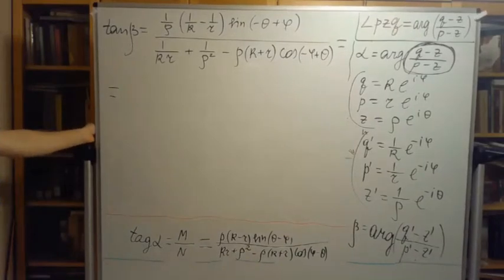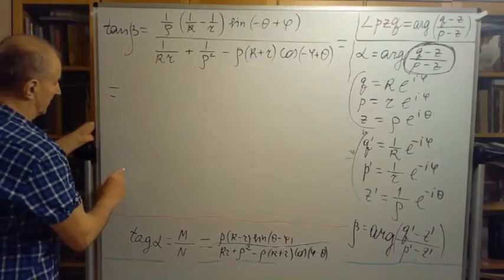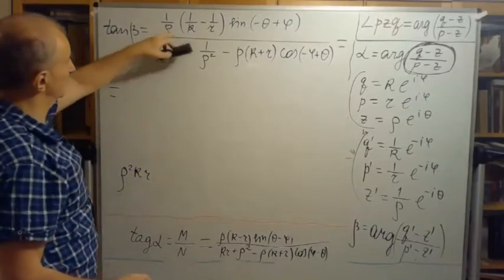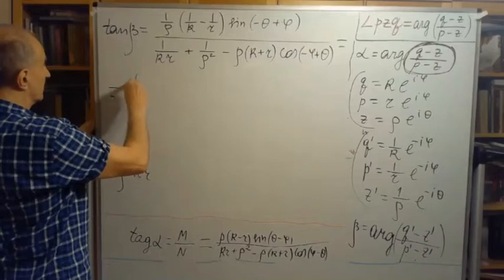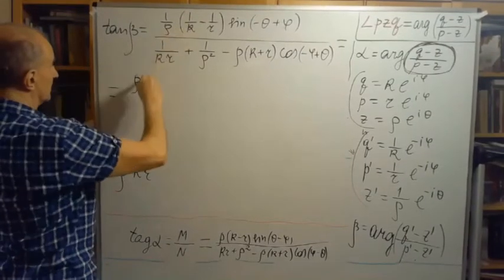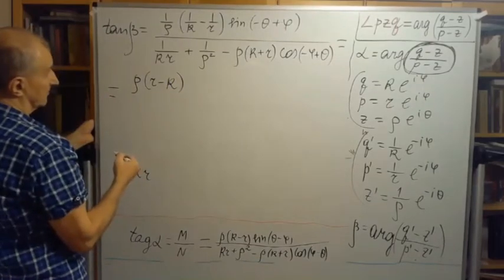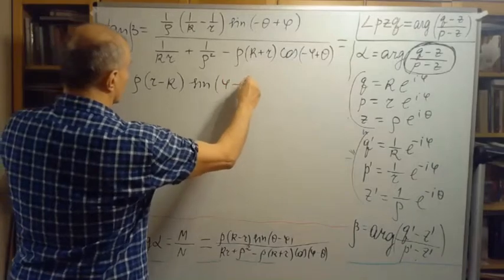Now I will just multiply the numerator and the denominator by rho squared r to get rid of the things in the denominator. So here I will have rho, here will be r small minus r capital, here will be sine of phi minus theta.